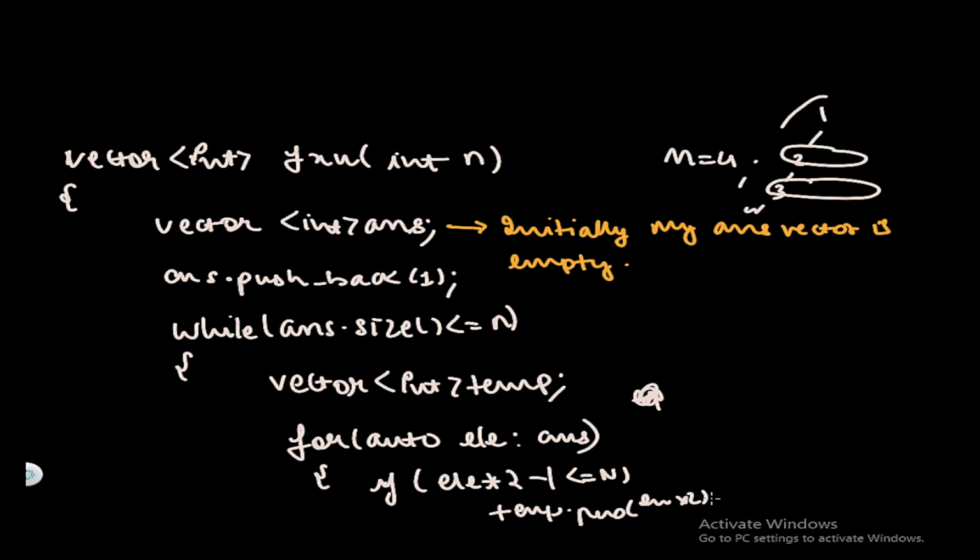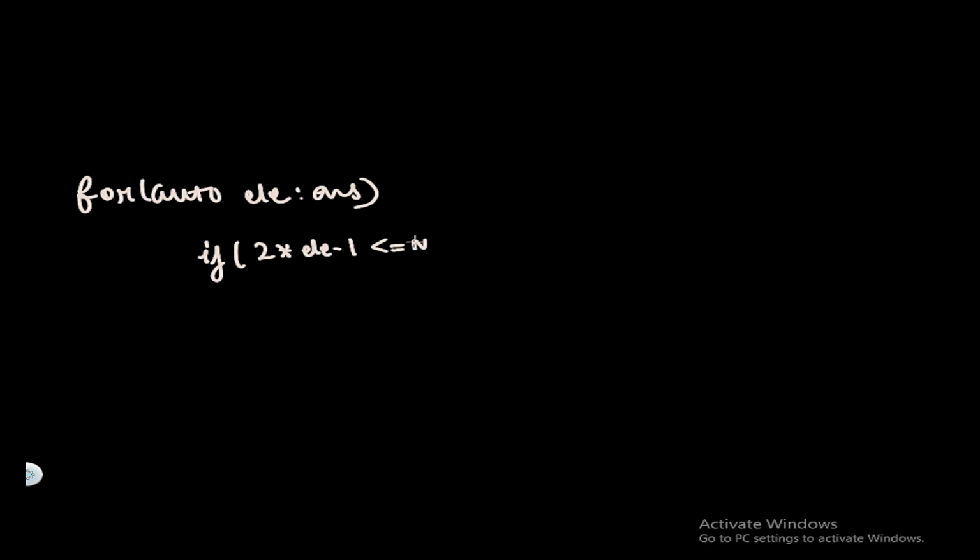For auto element in the answer, we have to push it back into the temp. So if 2 into element minus 1 is less than or equal to n, then temp dot push_back that element.